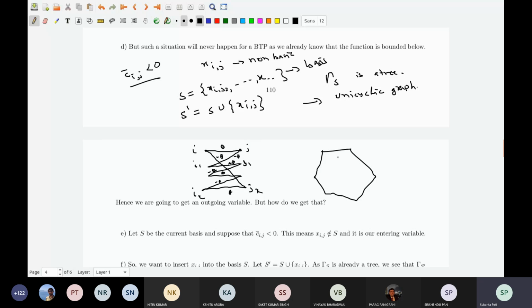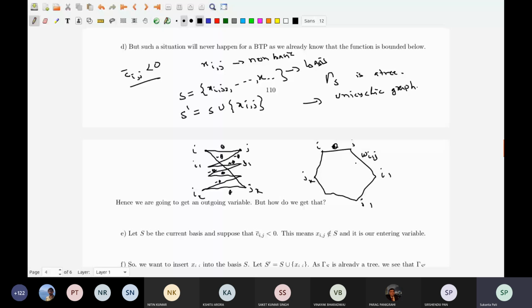So this is I to J, then J to I1, I1 to J1, and similarly Jk to I. So if you increase this by theta, whatever was the value earlier, you decrease by minus theta.